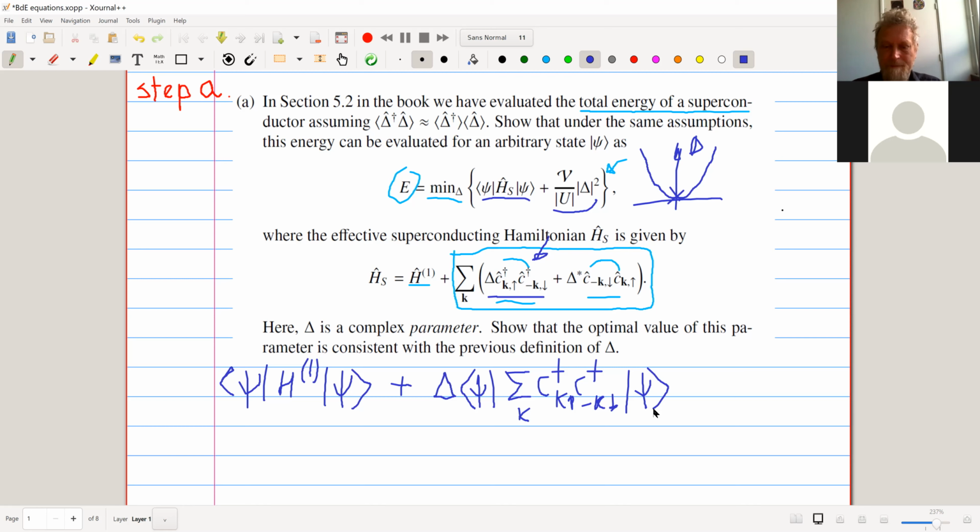So this is the expectation value with respect to some wave function psi of this combination of the operators.